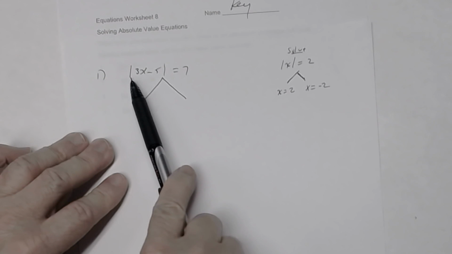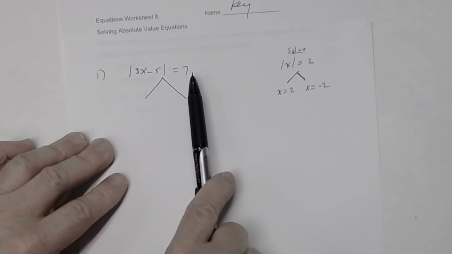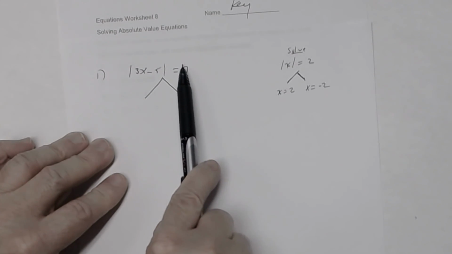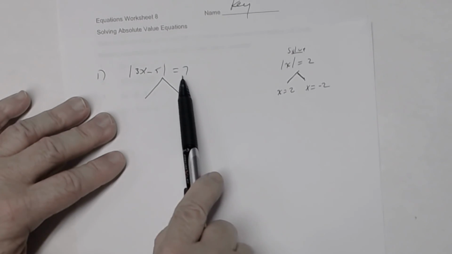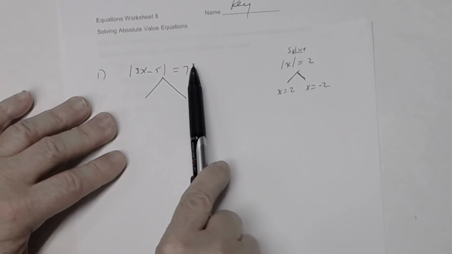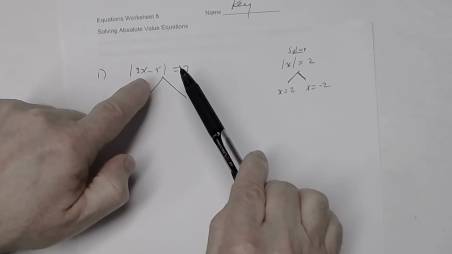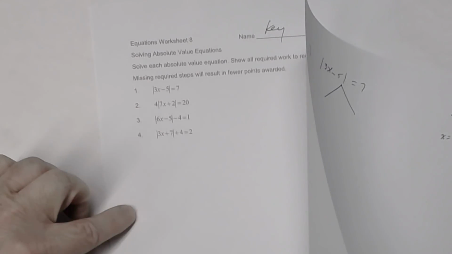Am I going to get one or more solutions? You will if this number, and for us right here that will always be a number. At this point on this worksheet, you're not going to have variables on both sides. So just keep that in mind. On this worksheet, you'll notice that you only have variables on one side.